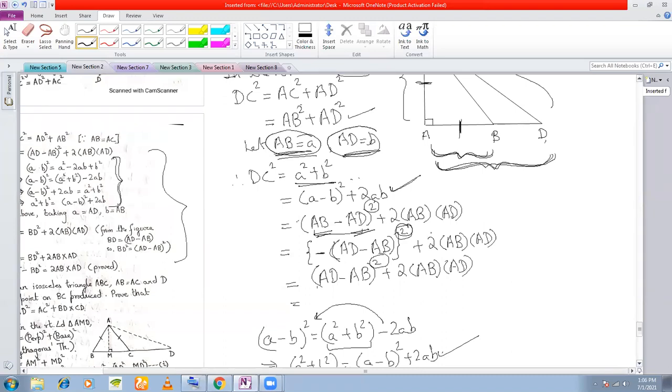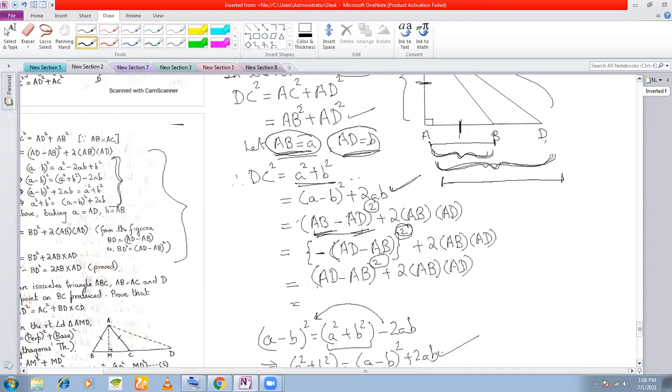Now this is what? This is AB minus AD. AB is this length, smaller length. AD is the bigger length. So can you subtract the bigger length from the smaller length? No, sir. We always have bigger length minus the smaller length.